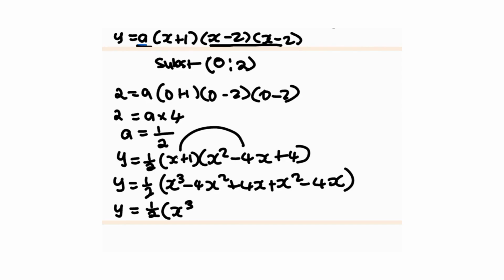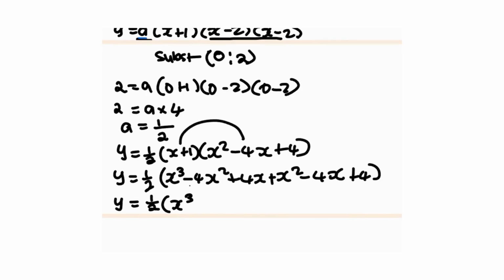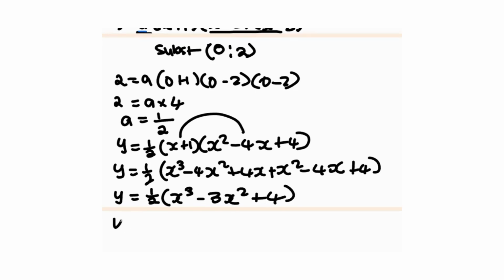I'm just checking if I multiplied that correctly. Negative 4x squared plus x squared is negative 3x squared, and 4x minus 4x is 0, and we're only left with plus 4. So it means y is 1 over 2 x cubed minus 3 over 2 x squared plus 2. There we have the equation.